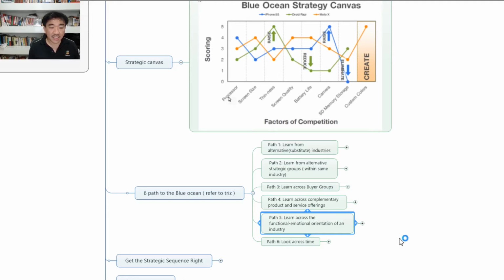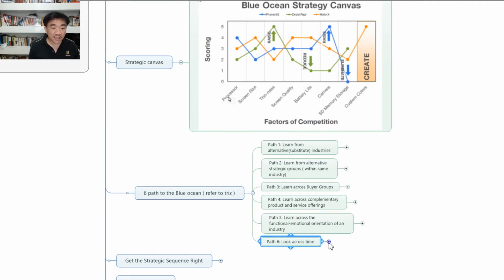The orientation means how much you add into functional and how much into emotional. Some products are very functional, some more emotional, some more spiritual. So you need to make sure the product value mix is according to the customer group.